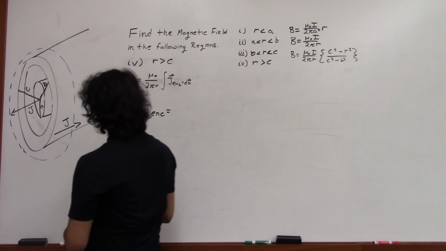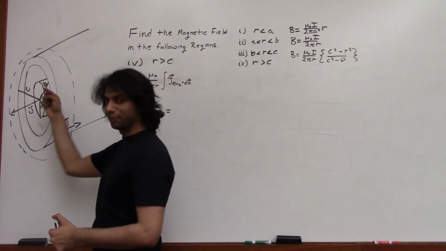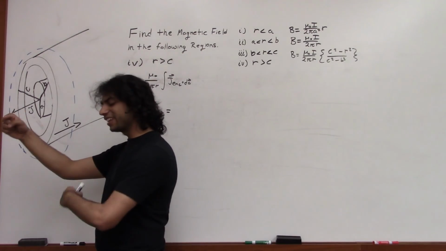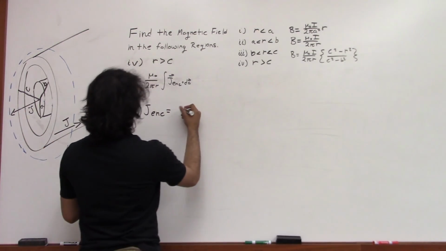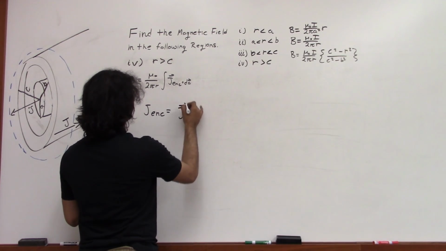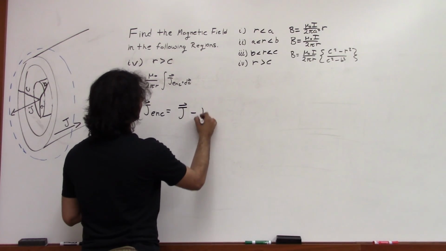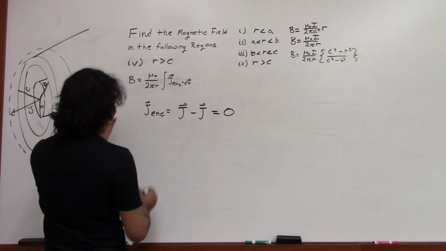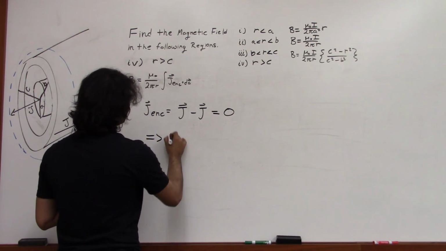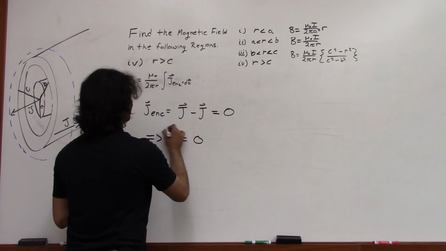And which currents are enclosed? Well, you have the positive J coming out and the negative J coming in. Both are of equal magnitude. So we get J minus J, which is 0, which therefore implies that B in this region is 0.